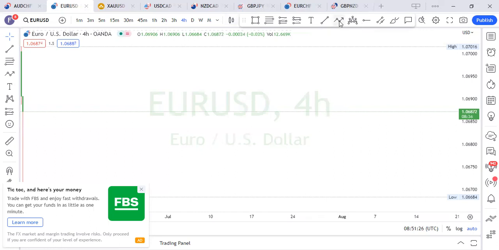Write down this note: a downtrend fails when a new structure, a higher high, is formed.